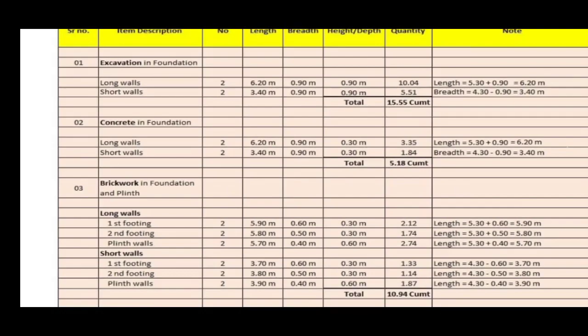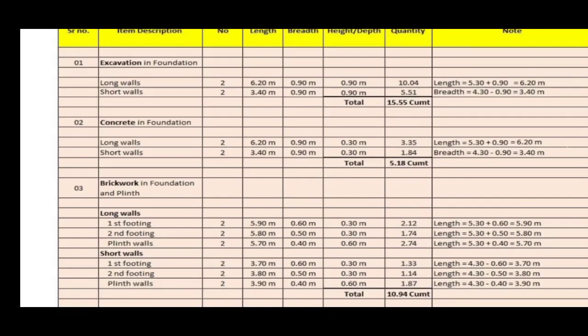The total length of long wall for first step in footing is calculated by center to center length plus half width of item from one side, that is 0.3, plus half width of item from other side, that is 0.3, which is equal to 5.30 plus 0.6, and total is 5.90 meters.